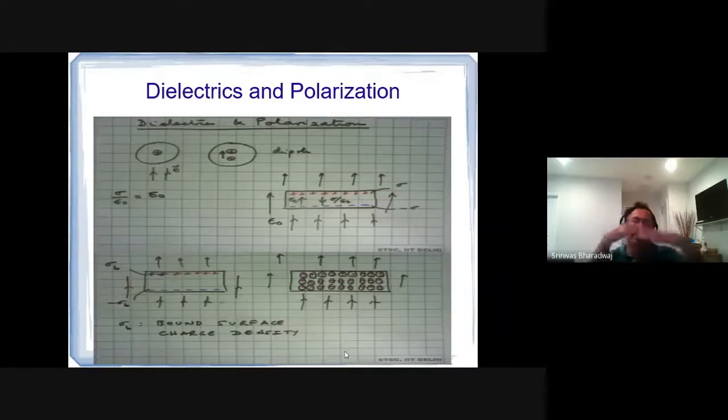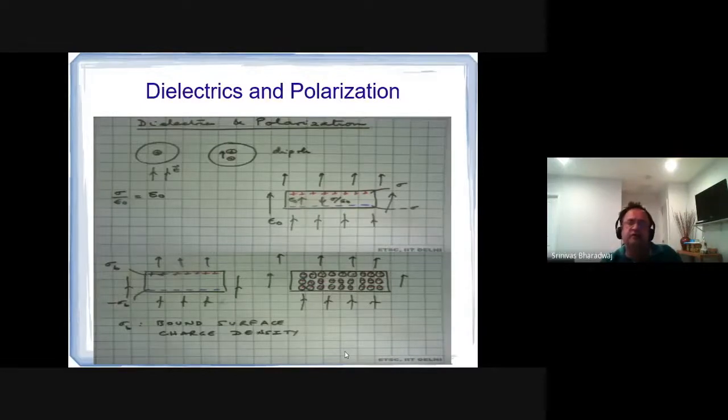As a result, during that initial phase, when you first switch on the battery to a capacitor, even though it's a DC battery and eventually no current flows, during that initial phase there is a corresponding polarization that happens, and therefore you can say that there is a current flowing.